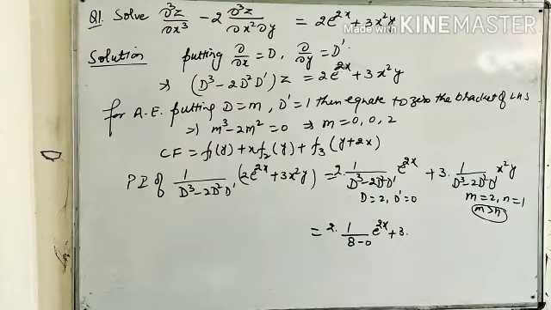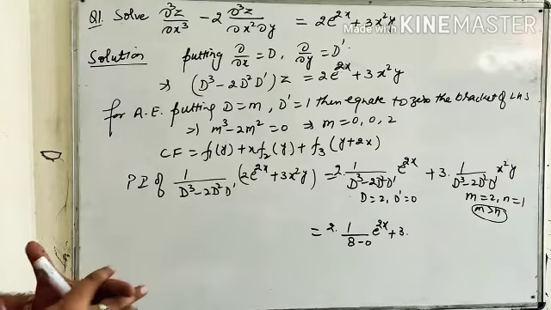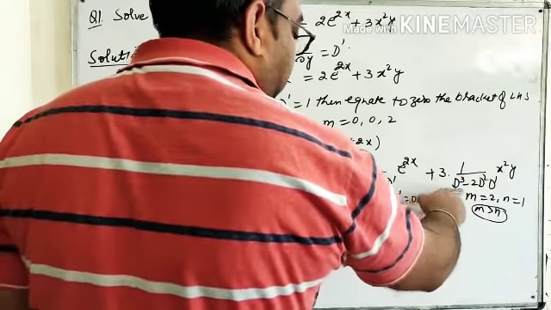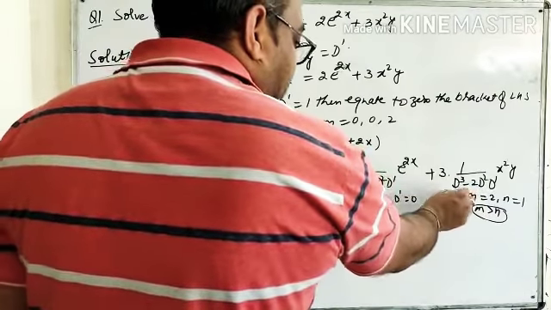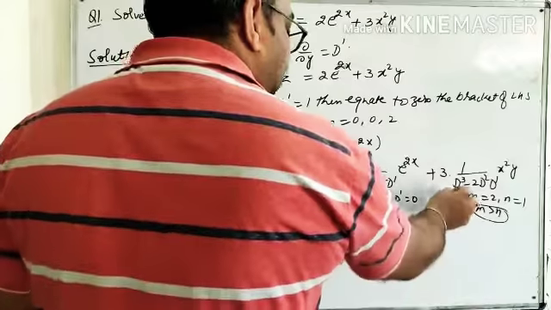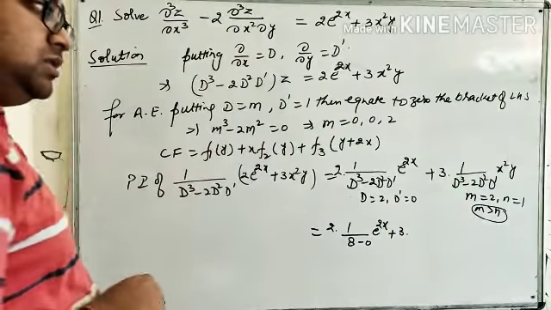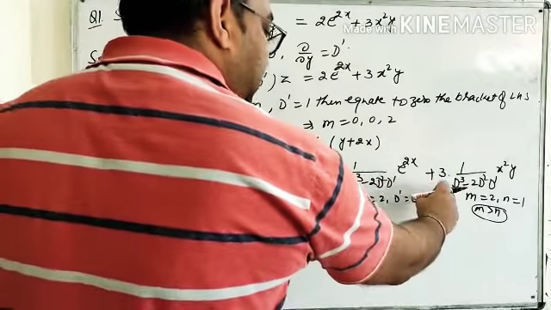Since m is greater than n, we have to expand in powers of D' upon D. For this particular condition we have to make D' upon D, and simply we have to take common the highest power of D from this. What is the highest power of D? D cube.